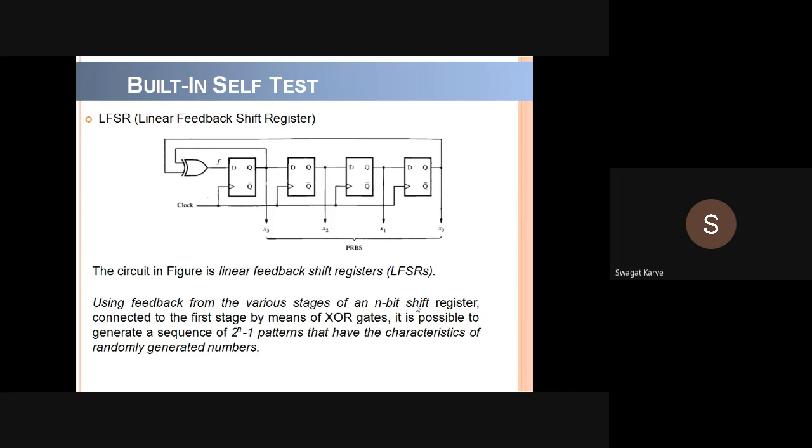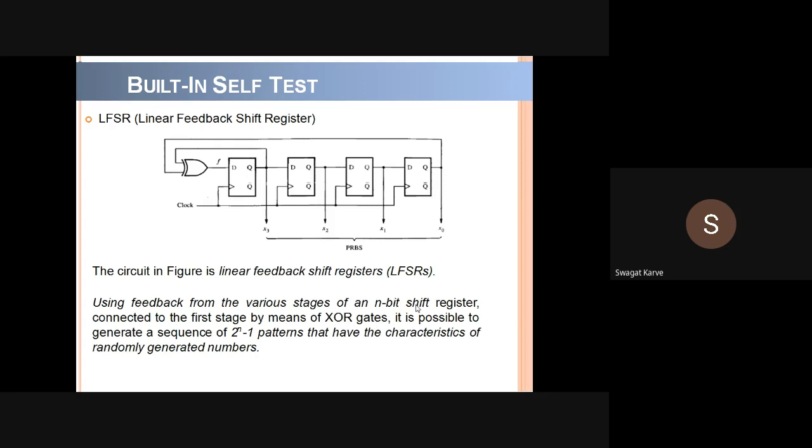In analog communication, you can easily understand linear means what? The circuit which follows the superposition principle is the linear circuit. But in case of a digital circuit, how would you identify whether the circuit is linear or non-linear?